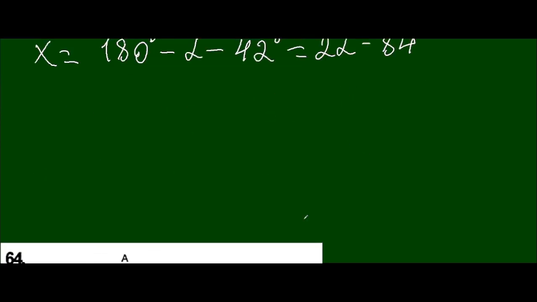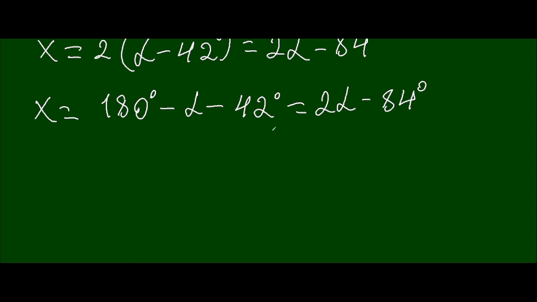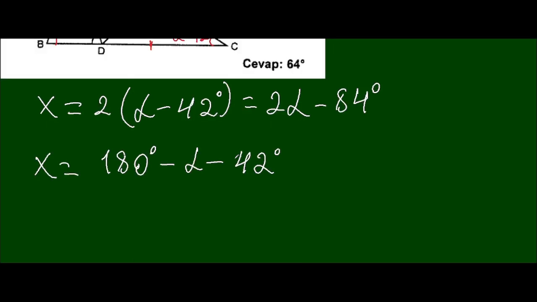Here we can find x, no, oops, we had to find x but not alpha. Let me write down here x equals 2 alpha minus 84 degrees.